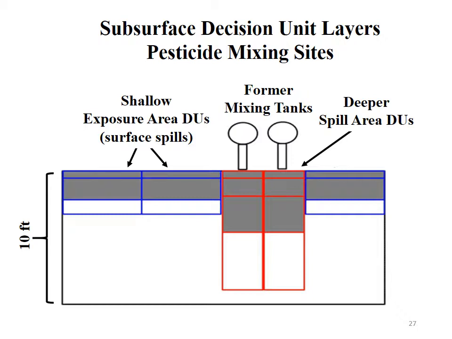But as you go away from the pesticide mixing areas, it tends to be surface runoff and more shallow contamination. So we're typically looking at a shallow surface area and then a subsurface decision unit to kind of define and delineate the contamination away from the major spill area here on this site.